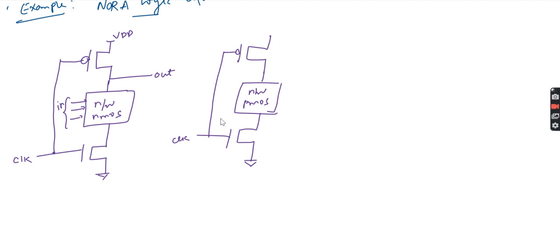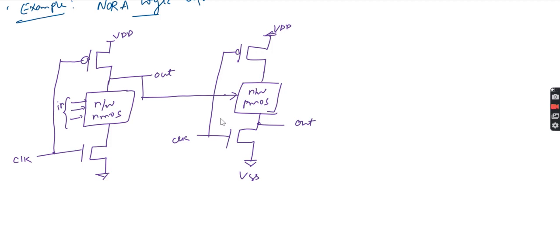All the clocks are synchronous to each other. Now what happened? This output will drive this network. VDD, VSS, then this is the PMOS stage, so the output will be taken here. This is the general network.